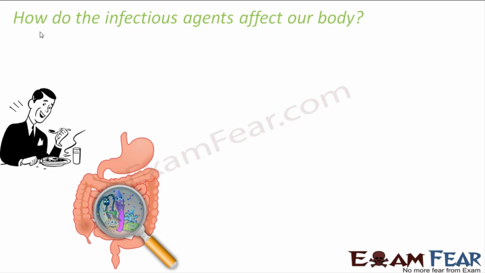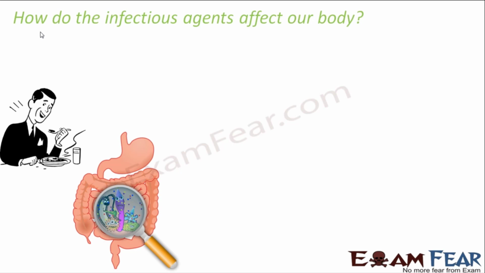That means we have understood so far how infectious diseases come to our body from somebody else's body. Now once it comes to our body, what does it do inside our body? Where does it go, and what happens inside our body? We will have a look at that part in this section.